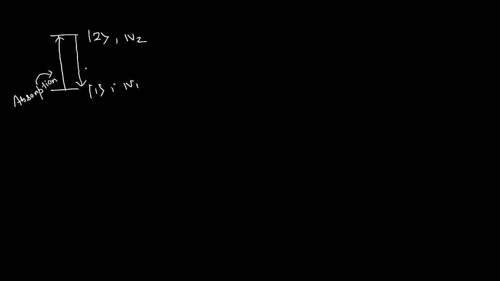All the expressions we have derived using time dependent perturbation theory talk about the transition from, let's say, state 1 to state 2 with populations n1 and n2, via absorption of light and decay via stimulated emission.